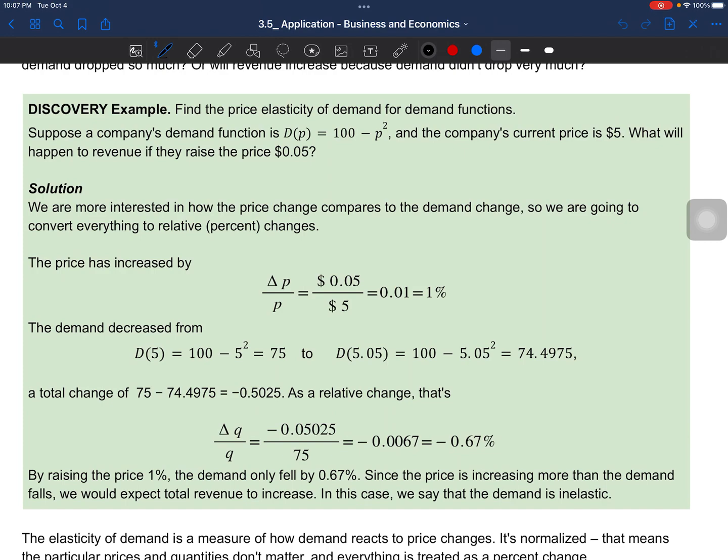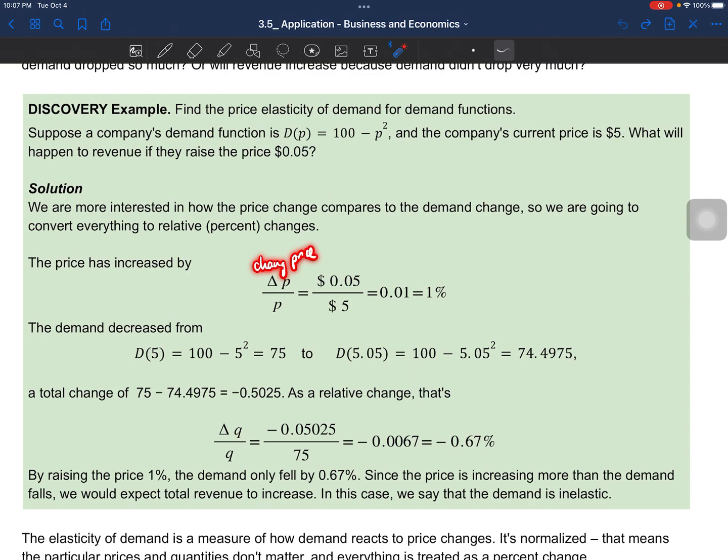So we're going to convert everything to relative percentages, a percentage of change. For example, for the price, what is the change in price relative to the original price?